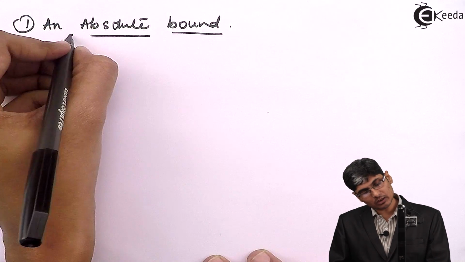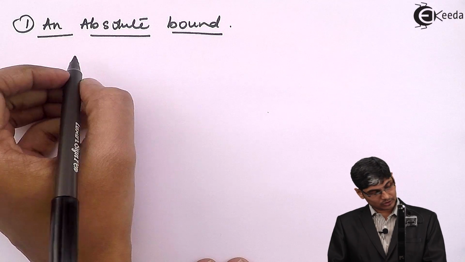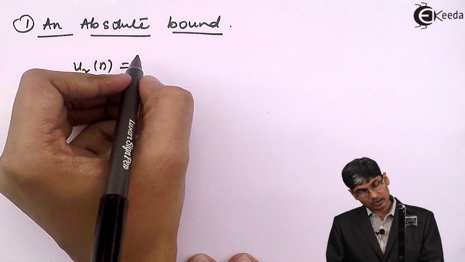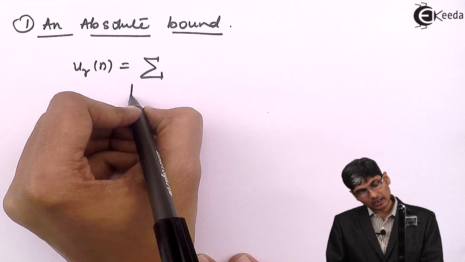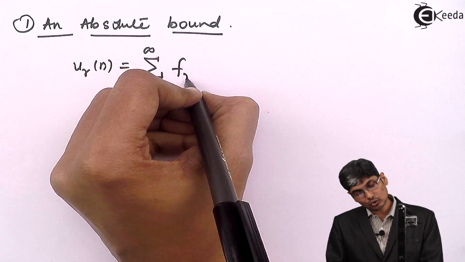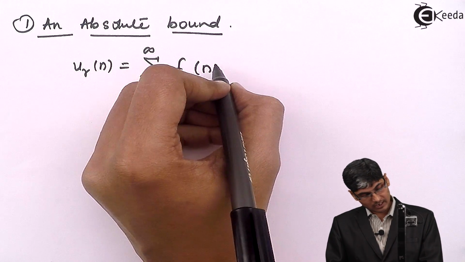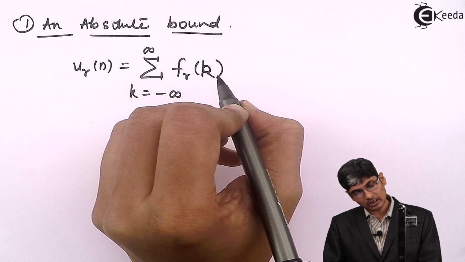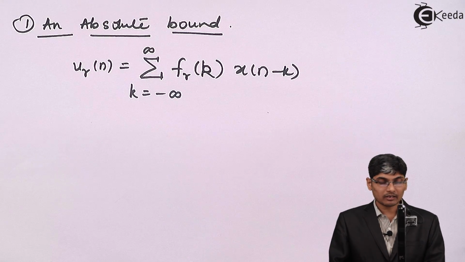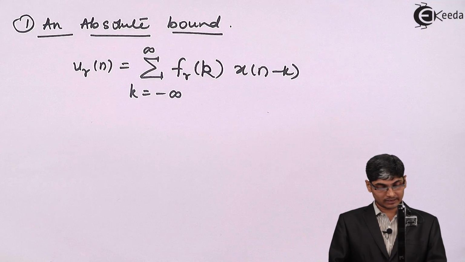For the absolute bound, let us consider the convolution at the node ur of n, which is equal to the summation, k going from minus infinity to plus infinity, of fr of k times x of n minus k, where fr is the transfer function up to ur of n. This is the normal convolution sum at the node ur of n.